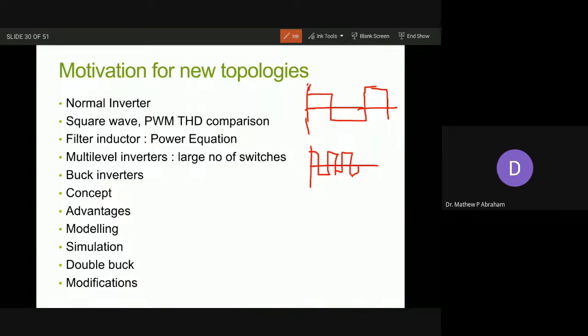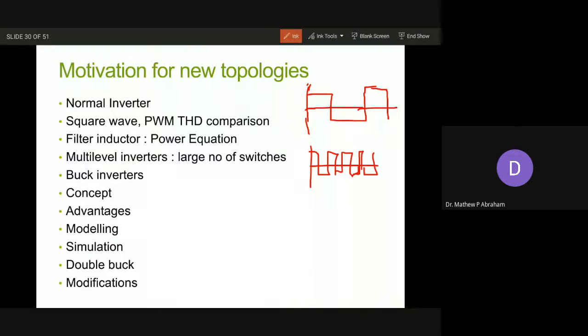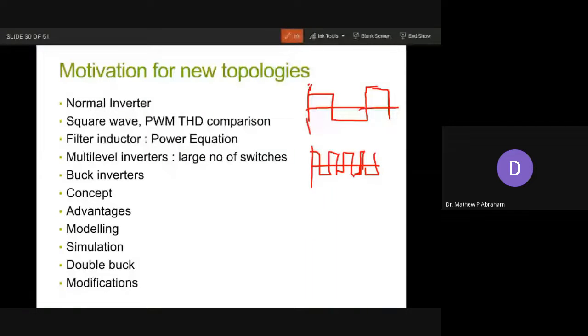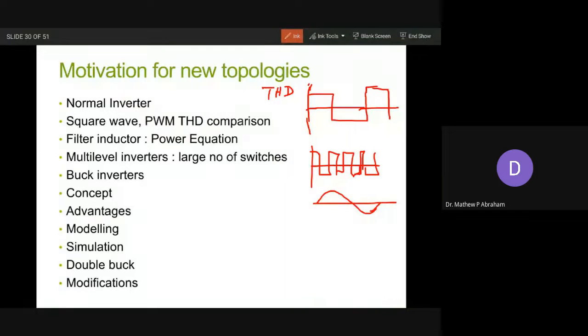In the case of a PWM inverter, what is the main disadvantage? The main disadvantage is that the amplitude of voltage generated is reduced. And even though we say that the harmonics is less in PWM, the real picture is that the THD, total harmonic content in a square wave inverter is much lesser than the harmonic content in a PWM generation.